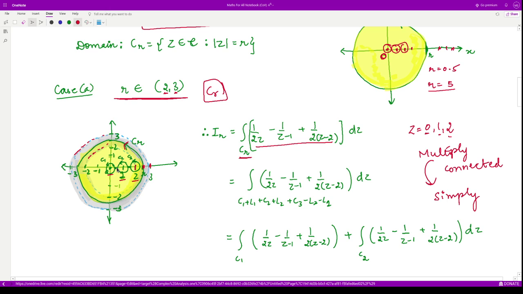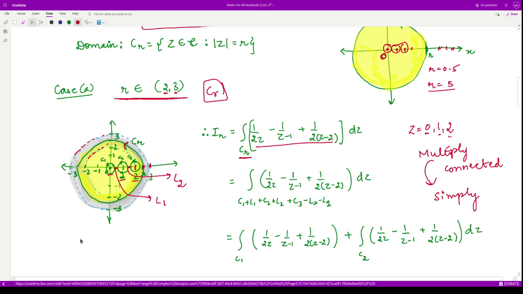And we can join these 3 circles using 2 lines. Say I'm calling the first line L1 and the second line L2. And I'm calling the first circle circling the 0 as C1 in the positive sense. Then with center 1, this is C2, and with center 2, this is C3.